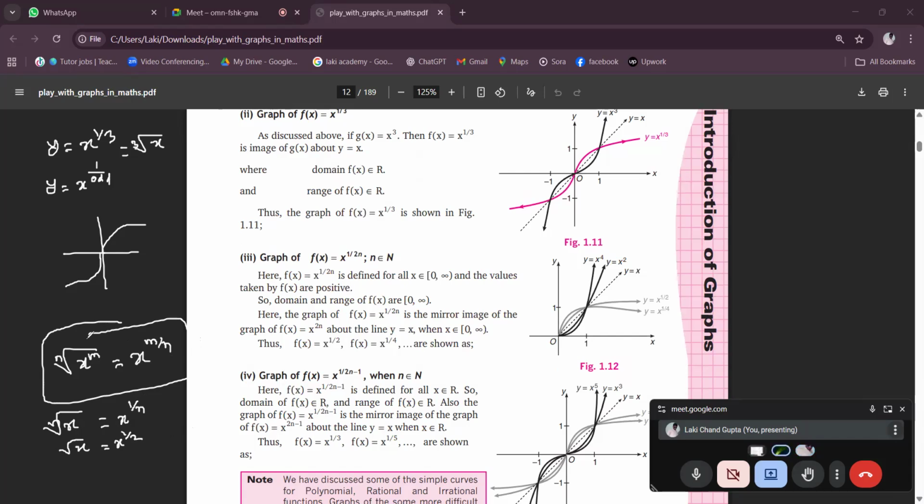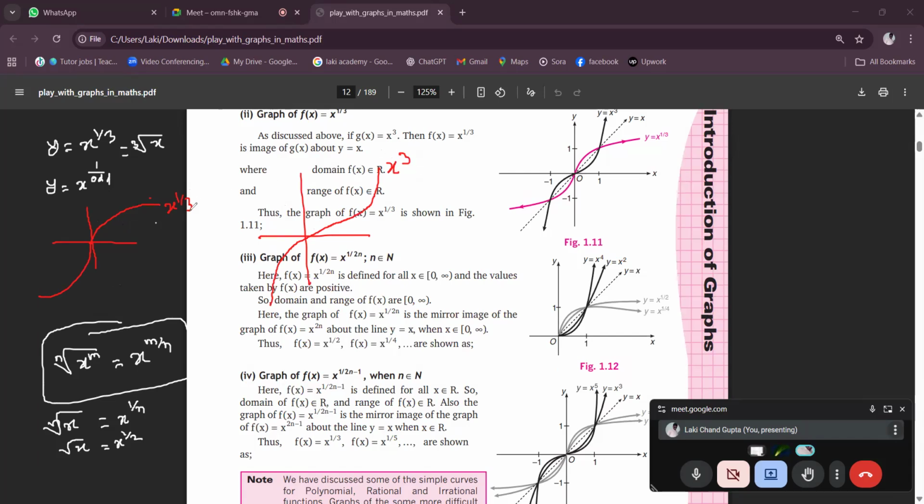What does the graph look like for x to the power of 1/3? It will look like this. This is the graph of x raised to one third. But the graph of x raised to cube is different, don't confuse it with this graph. This is the graph of x cube, which you have already written.